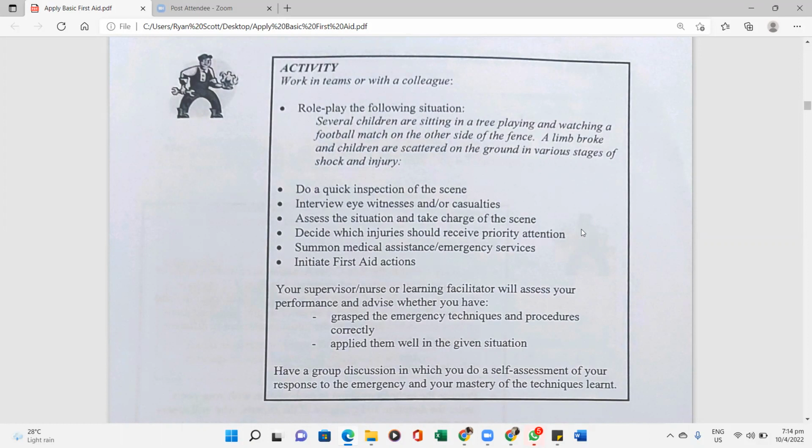Okay? And then you would call for help, persons to help you. And then before you initiate, oh, hold on. Before you do anything on anybody, you should ask them for their permission before you initiate the first aid action. All right? So that's the order.